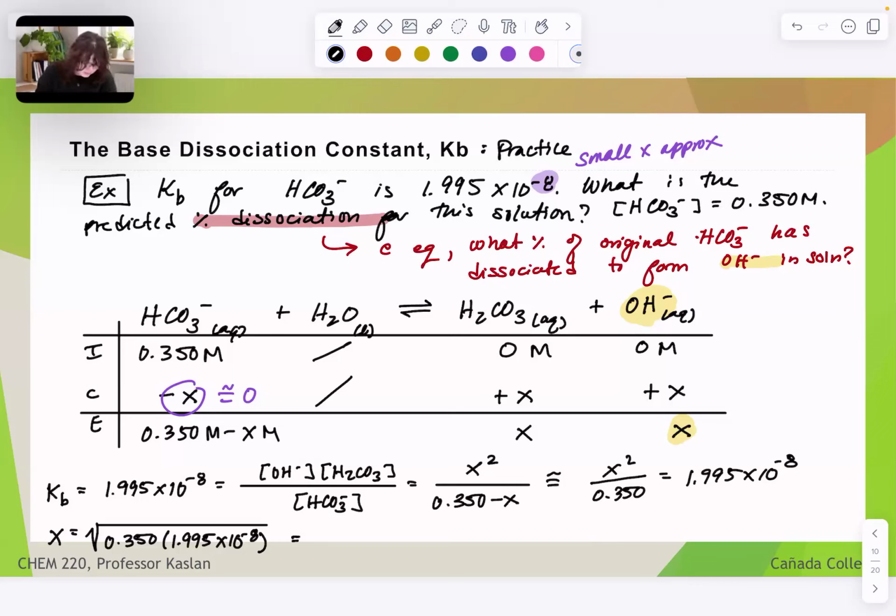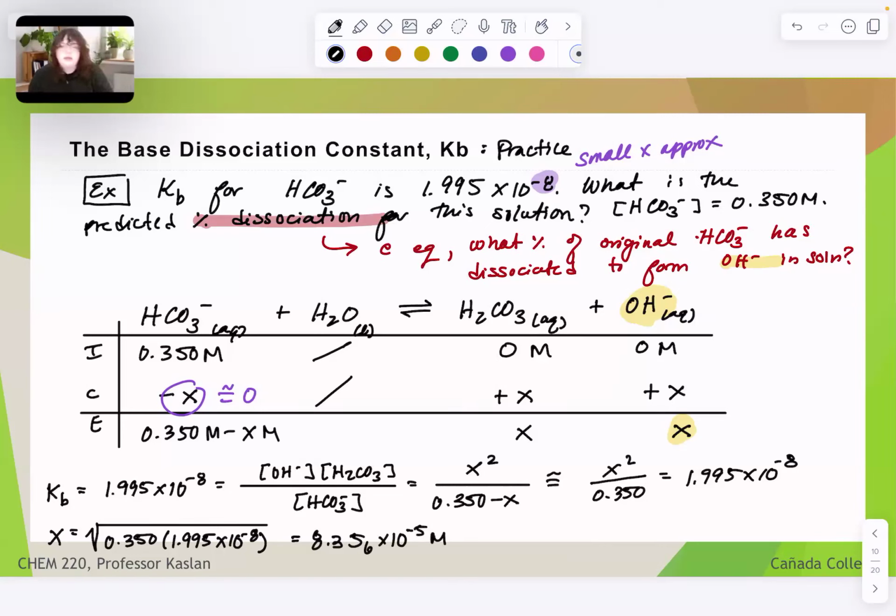So 1.995 times 10 to the negative 8 times our 0.350 molar, which is our approximate equilibrium concentration of HCO3. And then raise that to the 1/2 power, or take the square root. I get x is equal to 8.356 times 10 to the negative 5 molar.